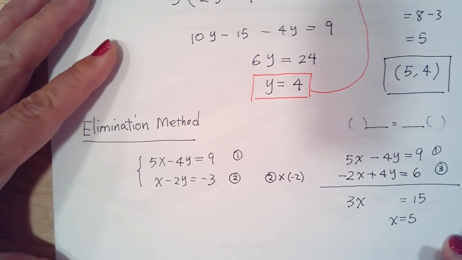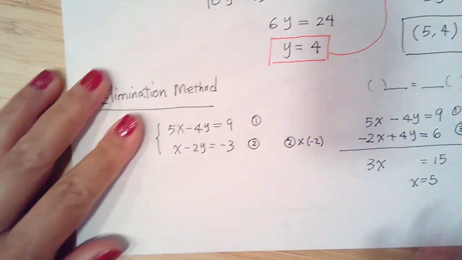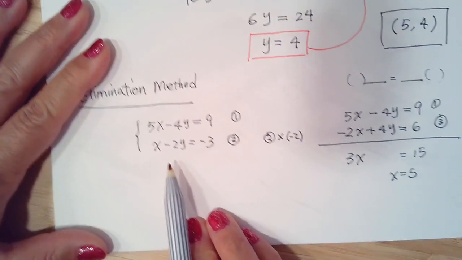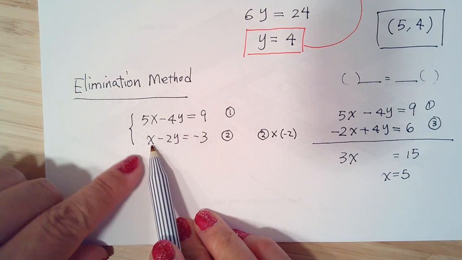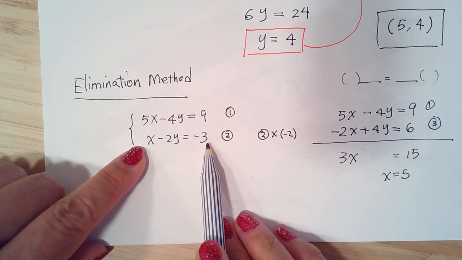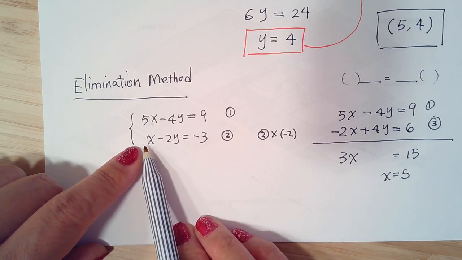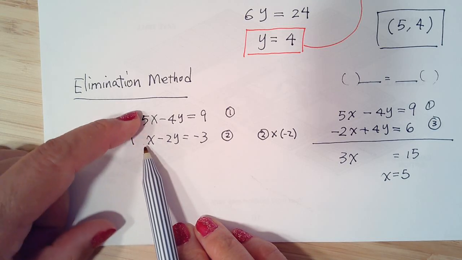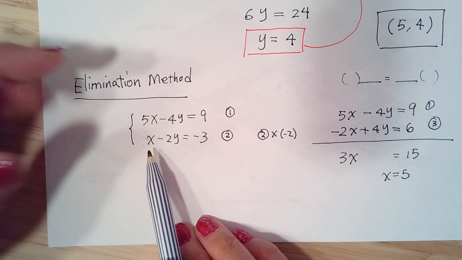I'm not going to do that, but I want to show you another one. Because in this one, what I did is I multiplied by negative 2 so I could get a positive 4 and add. What if I use the whole second equation and multiply by negative 5? The reason I want to multiply by negative 5 is because I want to add to this one, and the 5x and the negative 5x get cancelled.